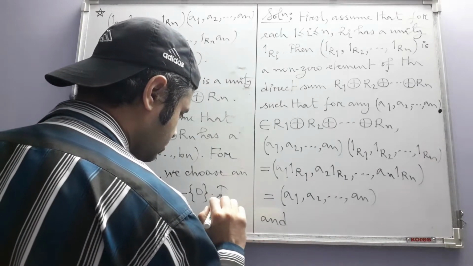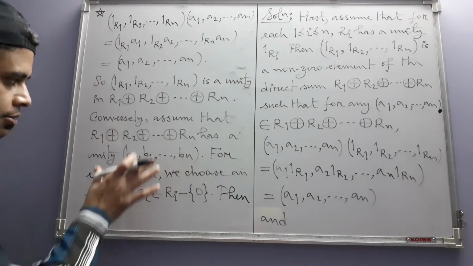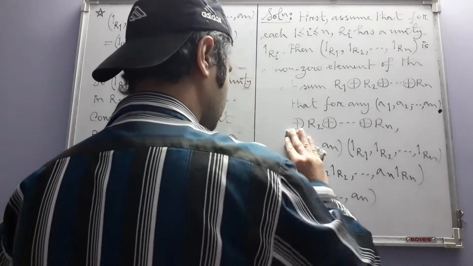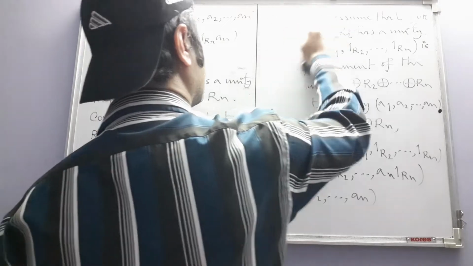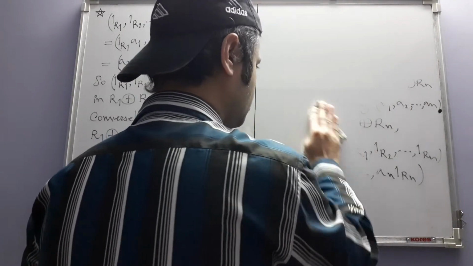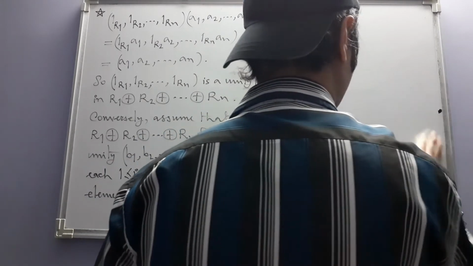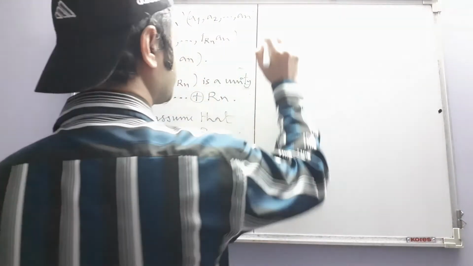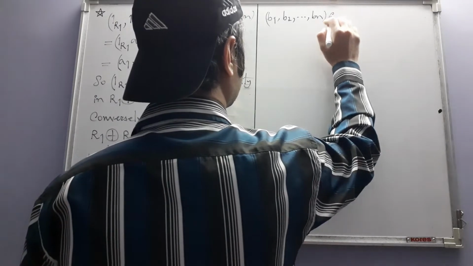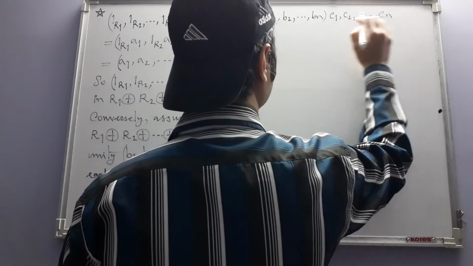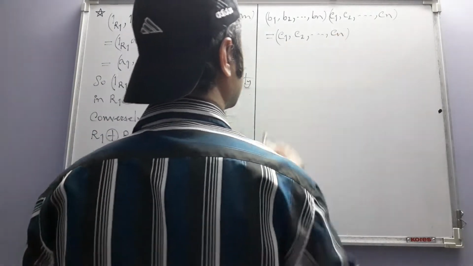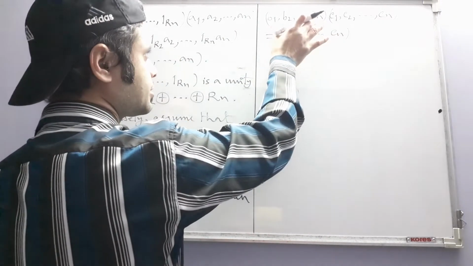Okay, then the fact that this is a unit element in this direct sum now gives us this. So we get this from the assumption that this is a unit element.